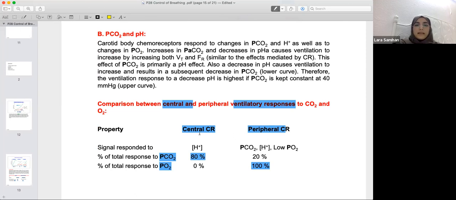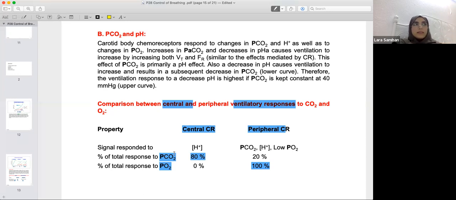Regarding the central chemoreceptor and the peripheral chemoreceptor, the CCR and the PCR, it says that if, for whatever reason, we have a high total response of carbon dioxide, the H plus ions, for example here is 80, compared to the oxygen levels, which is low. Usually, if we have high carbon dioxide, we're going to have high H plus.